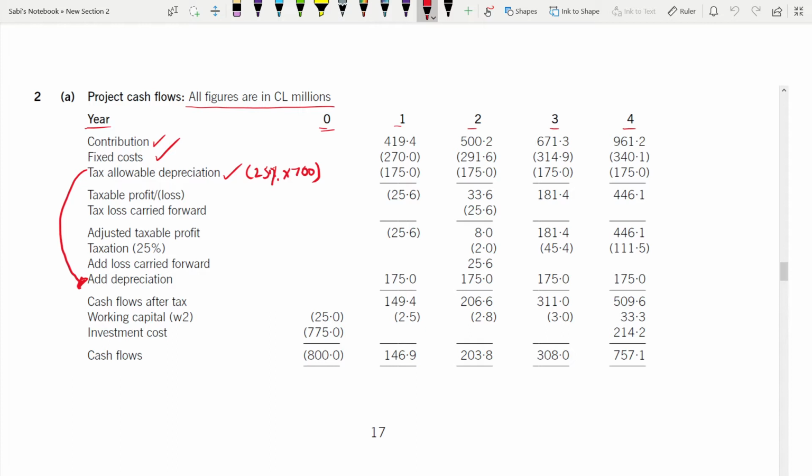Now coming to your tax. In the second year, this 25.6 you bring here and adjust it with your profit, because you have a profit in year 2. 8. So on that 8 you are taking 25% because tax is 25%, right?